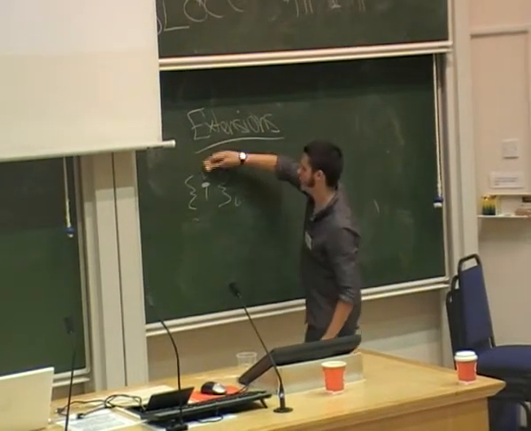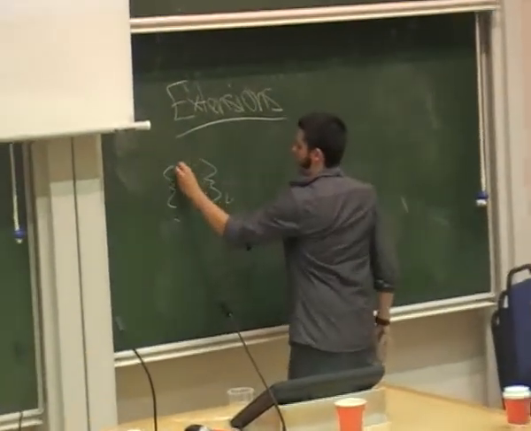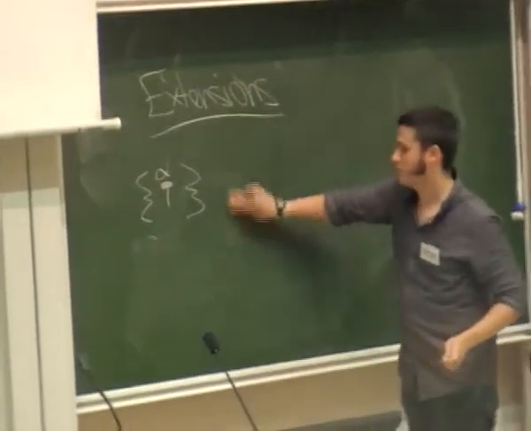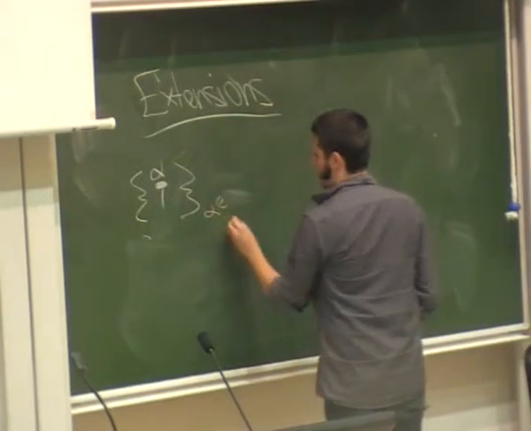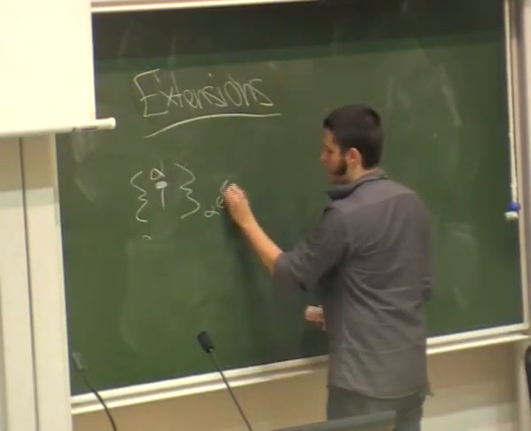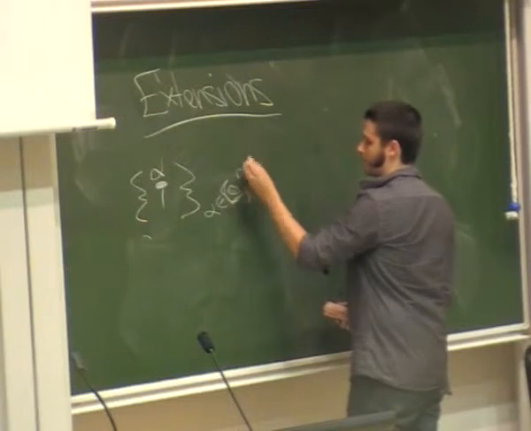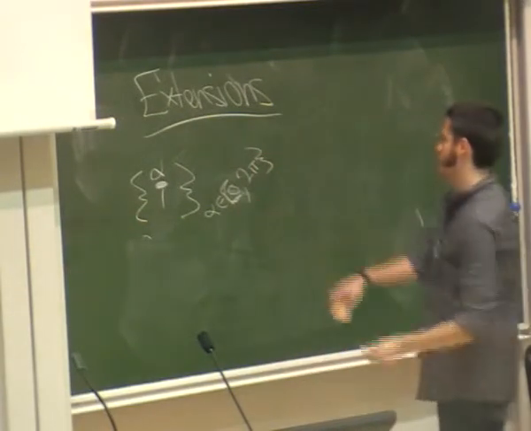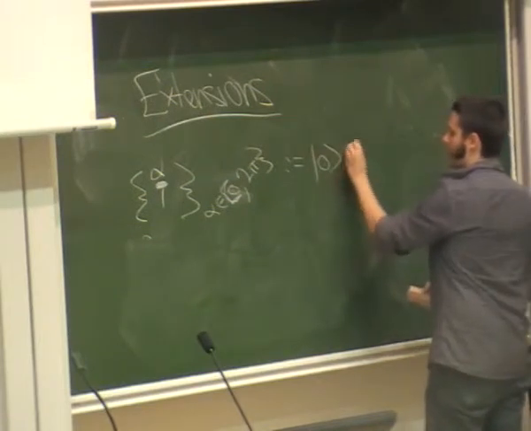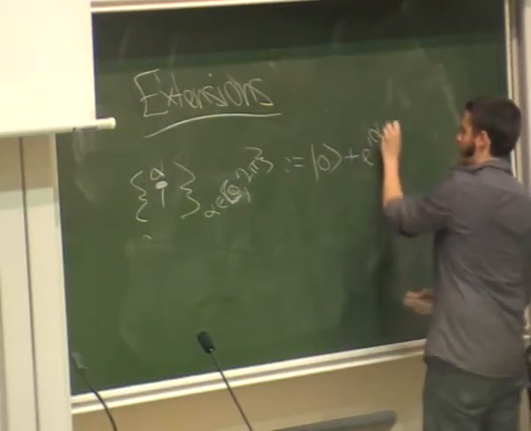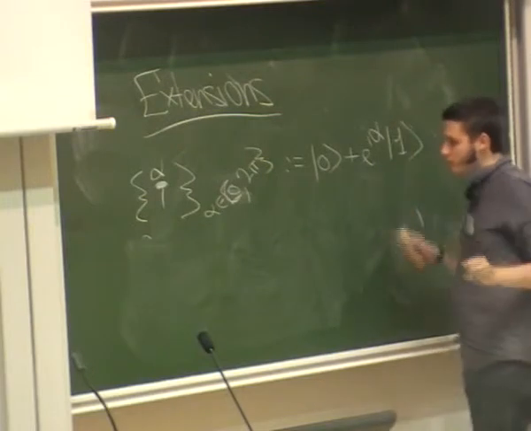We introduce arbitrary phases on our points. In the case of qubits, this is just a local complex phase between our basis vectors. So this would be defined like this.